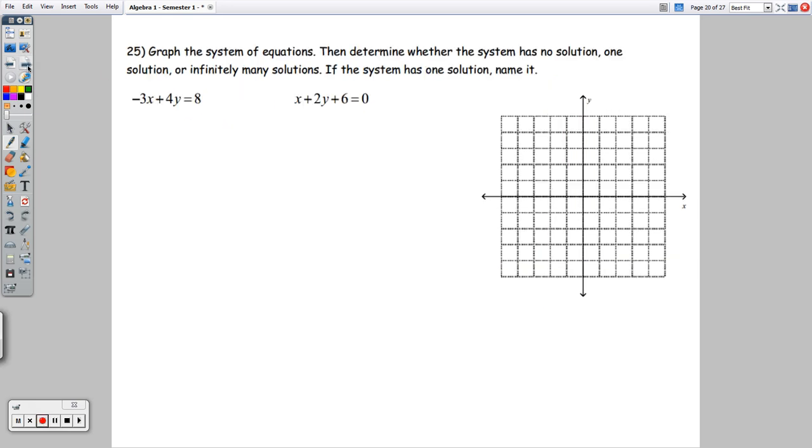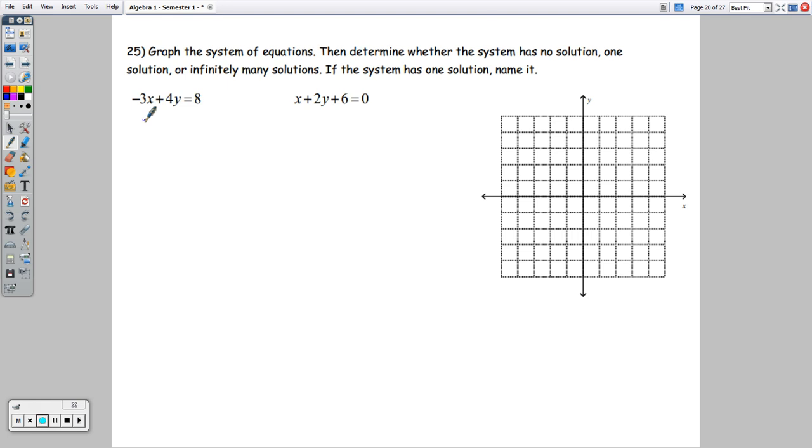Next up, number 25: graph the system of equations and then determine whether the system has no solution, one solution, or infinitely many solutions. If it has one solution, name it. So from here, let's graph these lines. This one, it looks like slope-intercept form might be the best way to go, since 8 is not a multiple of negative 3, so x and y intercepts don't work out quite as nicely.